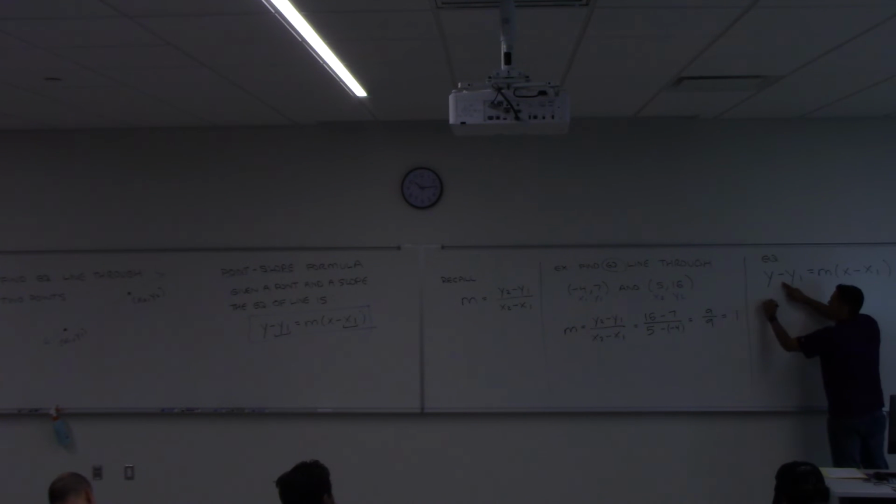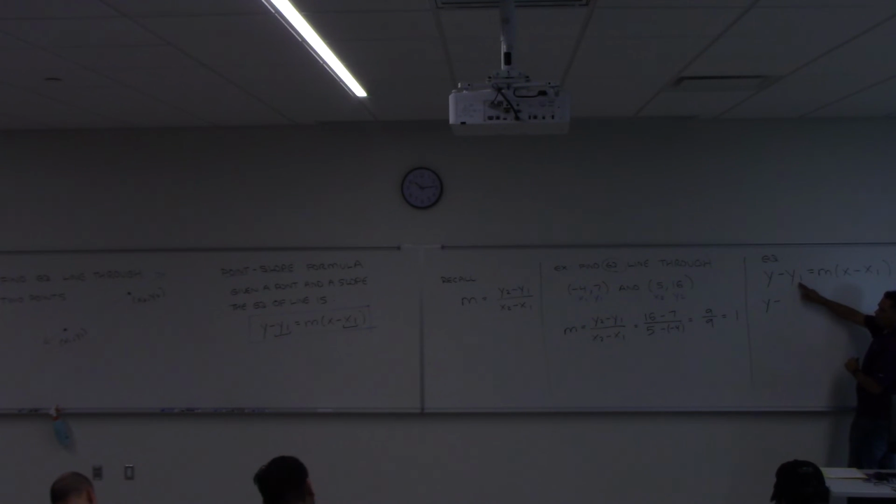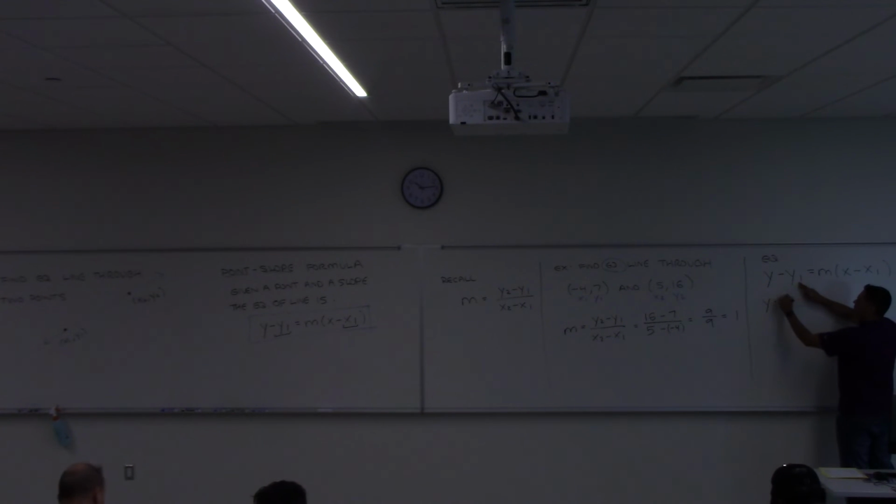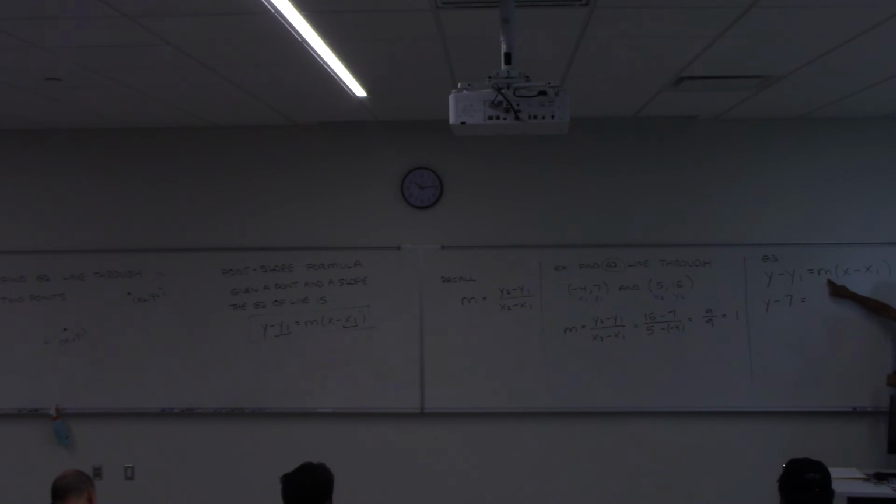So y minus, what's y1? 7 equals m, the slope, which was 1, and then x minus x1, so x minus negative 4.